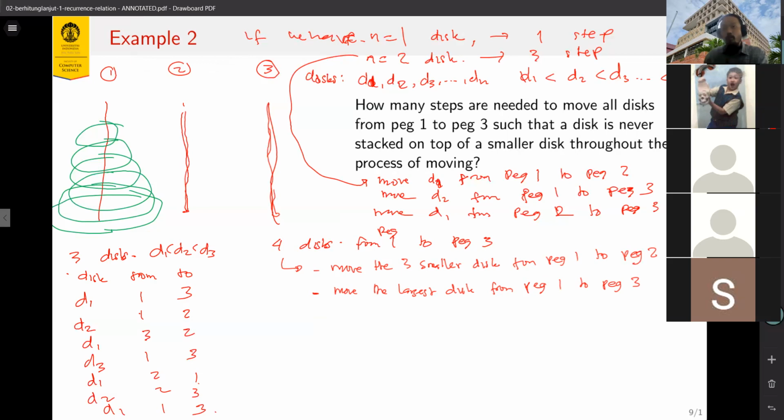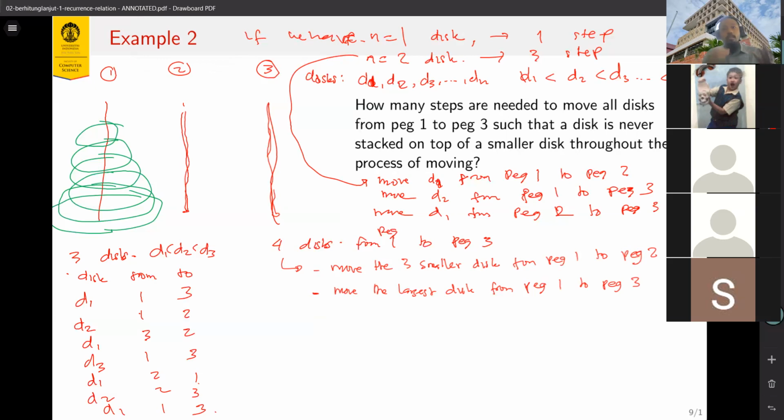And of course, at the end, we move first the 3 small disks from pack 1 to pack 2. We cannot move 3 disks at the same time, right? But we could count the steps, right? So let's finish the strategy first.